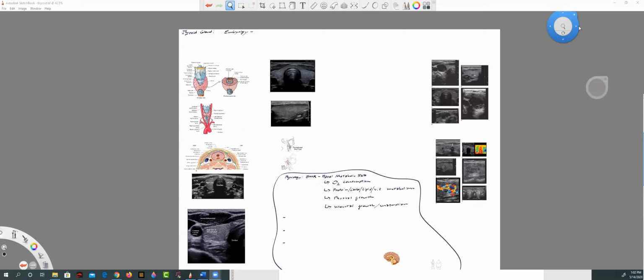So, the thyroid gland. Most of you have seen this.